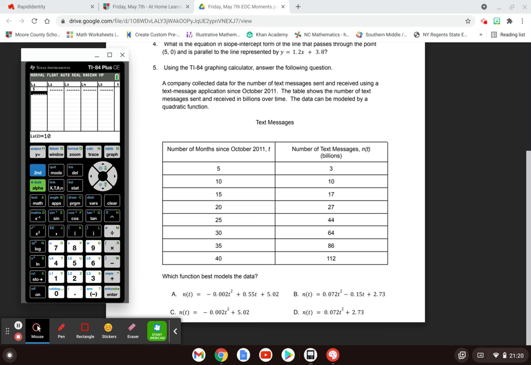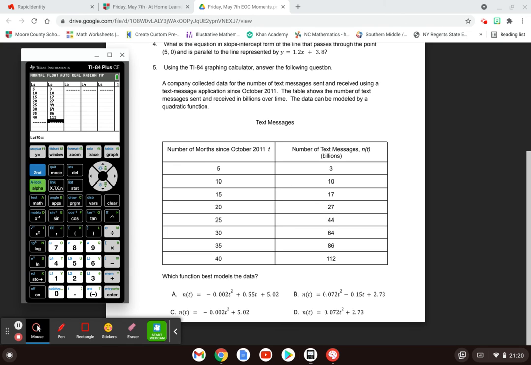So 5, 10... All right, so there's my table in list 1 and list 2. List 1 is your x values. List 2 is your y values.